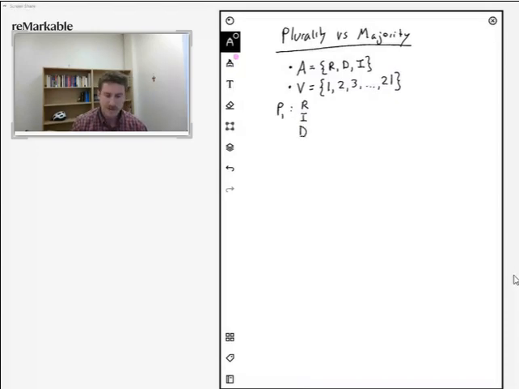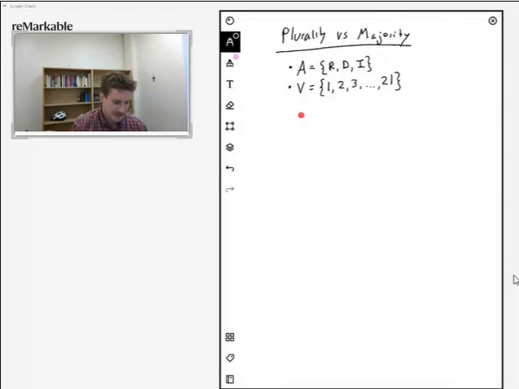So maybe this is a very conservative voter 1. When we're applying plurality and majority vote, though, we don't necessarily need this much information. We don't need the full ranking of all the candidates from each individual voter. It'll suffice if we just know every voter's top choice, top candidate. So that's the only information I'm going to write down for this example.